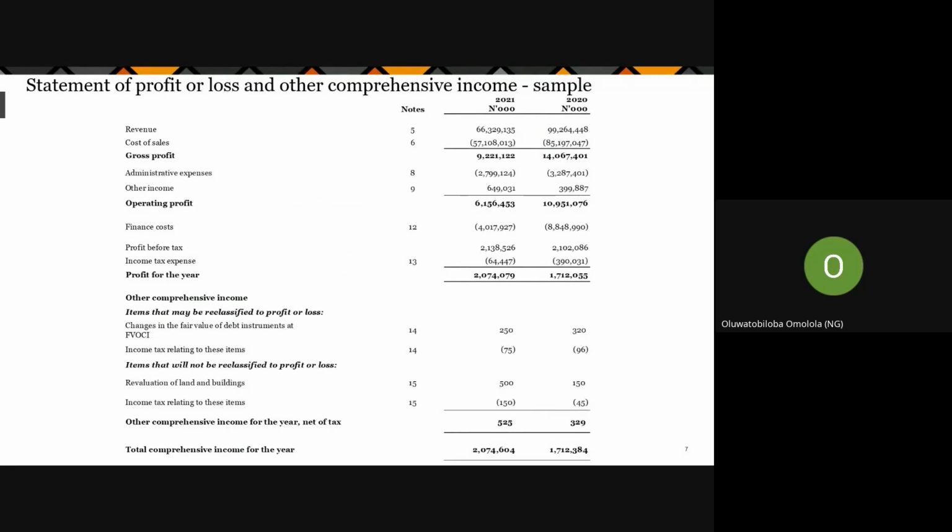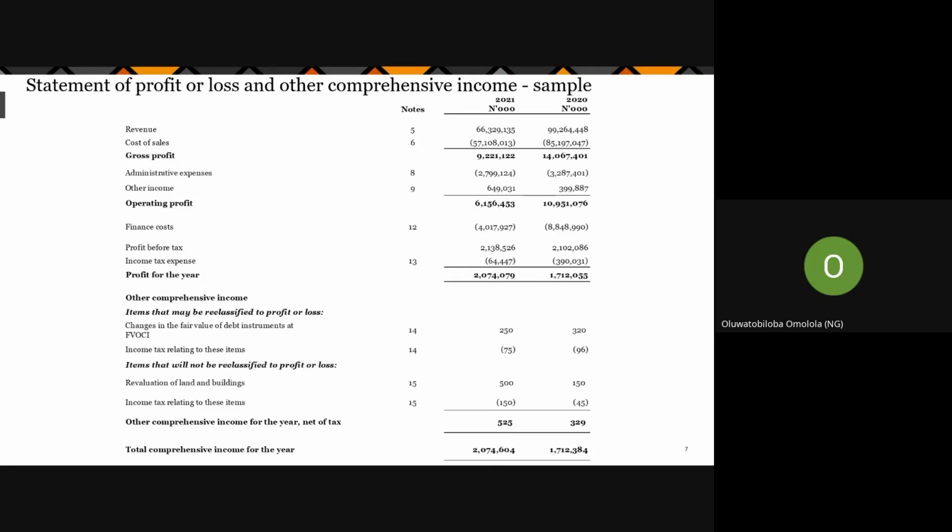You need to have other comprehensive income. So examples of other comprehensive income are if the value of your land increases, if you decide to revalue the value of your land or building. Now that is a gain to you as a person, but it's not part of your operations. So that is an other comprehensive income.